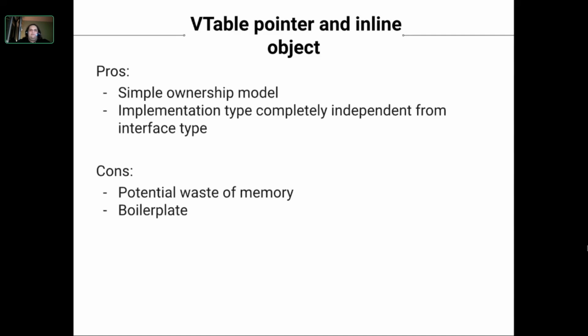And we still have the issue of wasting memory. If you just put a bunch of really small things in there, and you have a big storage, then obviously a lot of bytes are wasted. And we have boilerplate, which can be reduced.